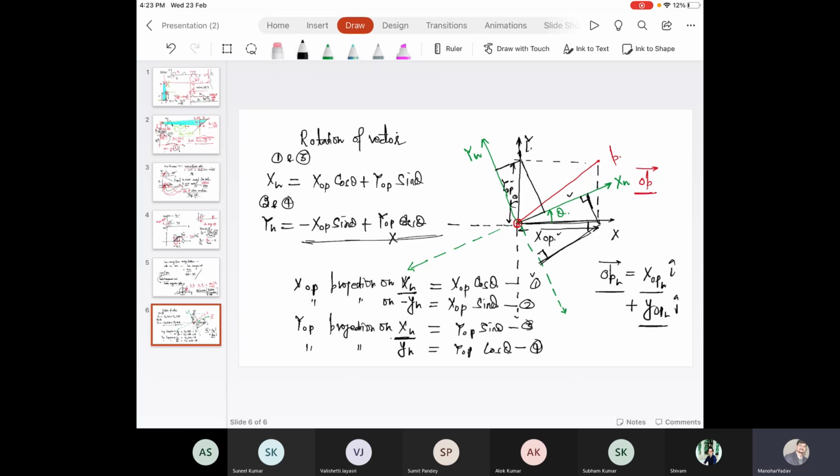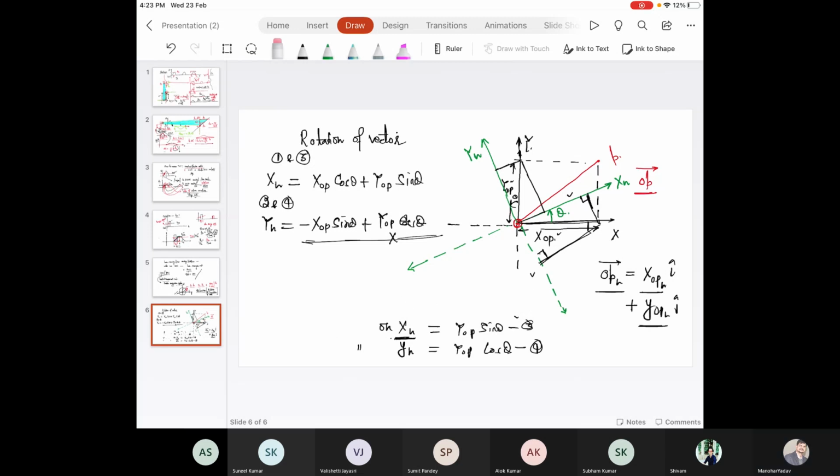So this xn and yn that we calculate over here are the new values in the xn yn coordinate system, and they are coefficients along this i and j.